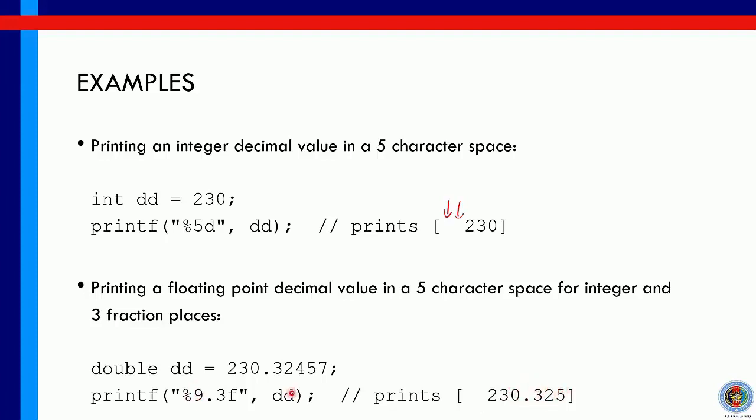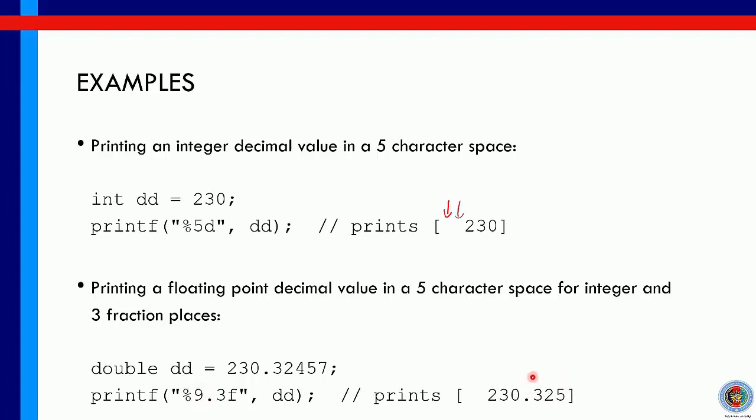So 9 spaces to print dd, but then 3 of the spaces maximum will be spared for the decimal point. So we print 1, 2, 3 digit after decimal point, even though we define the value to have 5 digit after decimal. And then the dot itself will be printed as 1 space. So what is left for the integer part? 3 plus 1 is 4. Subtract from 9.